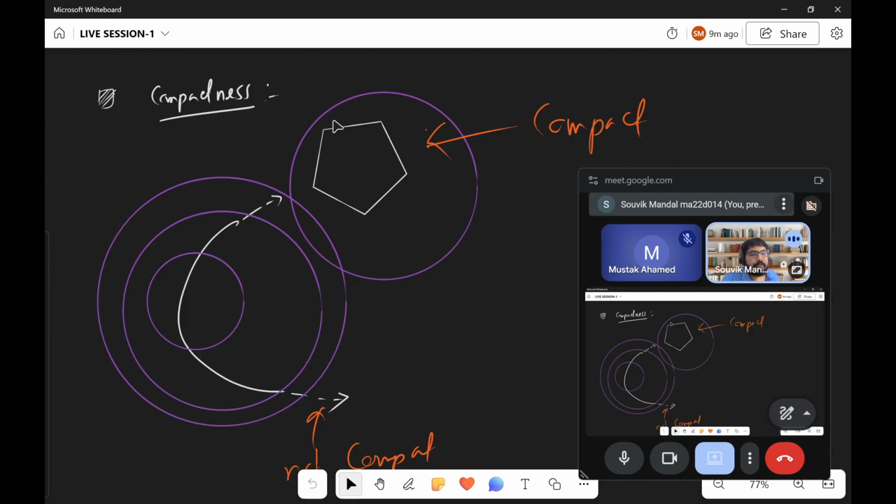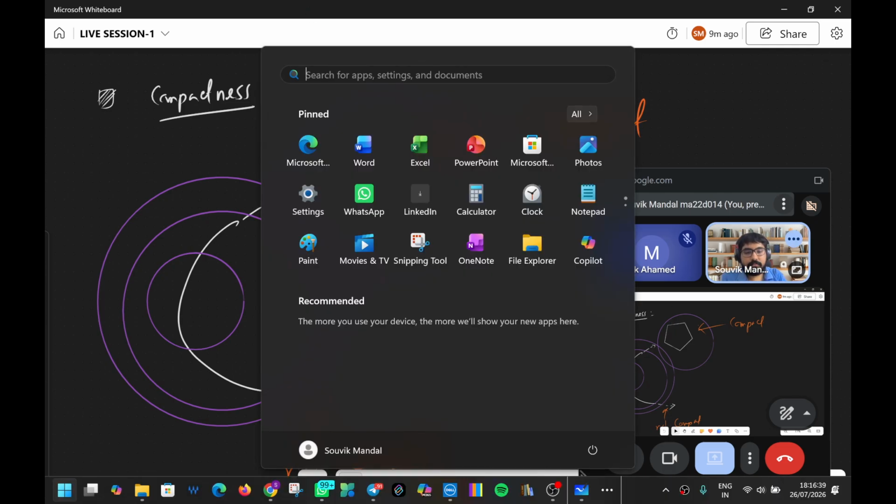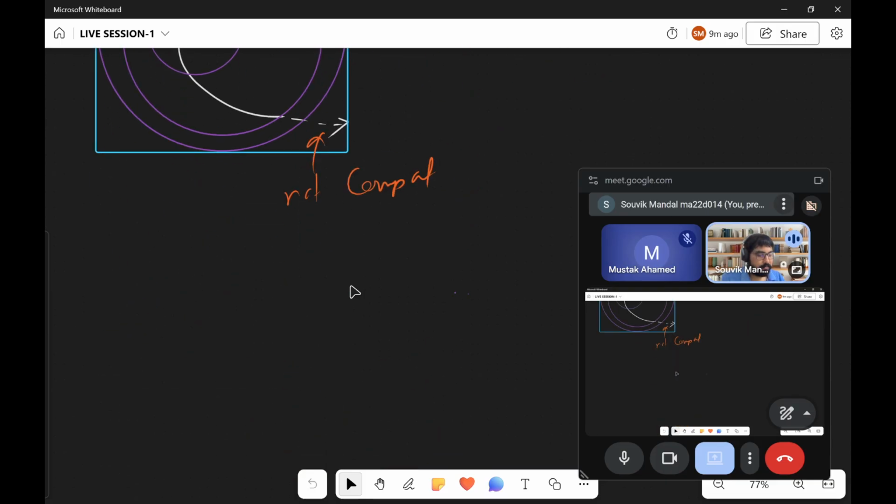That is, let me write it down. Suppose we have some metric space (X, tau).